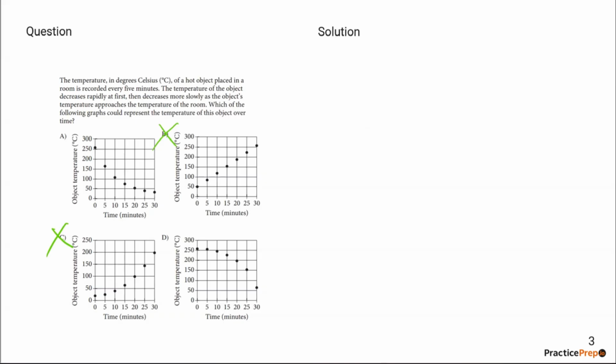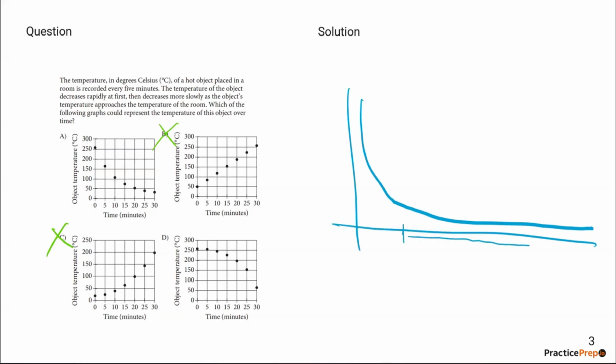They said that the temperature decreases rapidly at first, and then it's decreasing slower and slower. So it takes more time to decrease even a little bit, although in the beginning it took less time to decrease a lot. That's what they're trying to tell us.